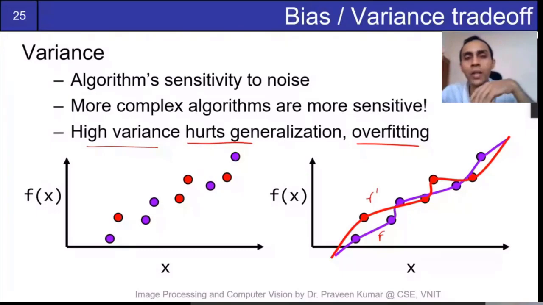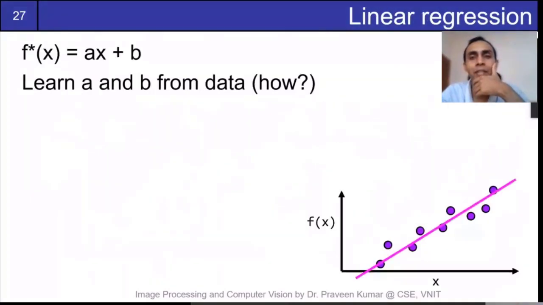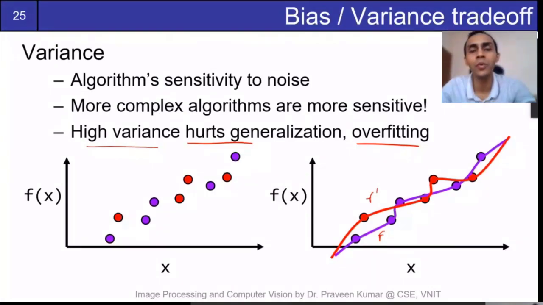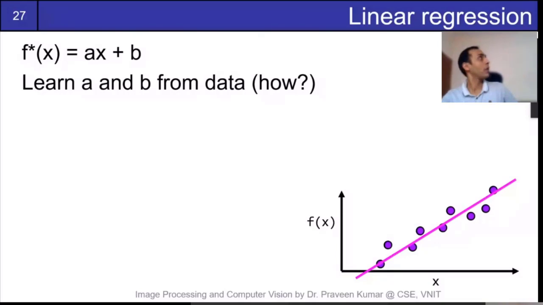Whereas if you go for a more complex algorithm, it will have low generalization capability and a very high variance. So you need to find a sensitive trade-off between these two things. And that is actually one of the difficult problems in machine learning. There is no magic solution. And we'll come to it again later on when we talk in more detail.